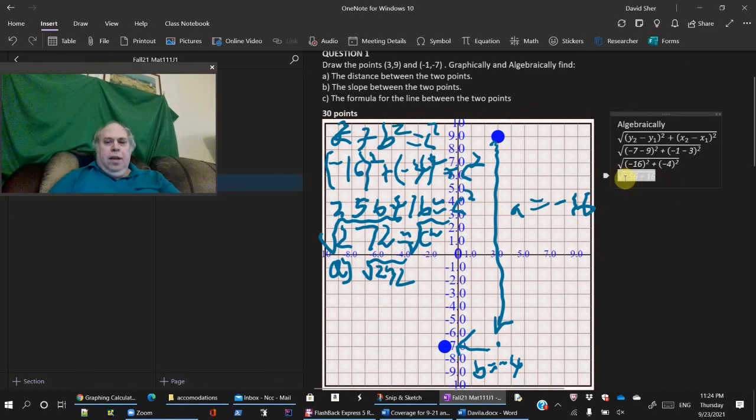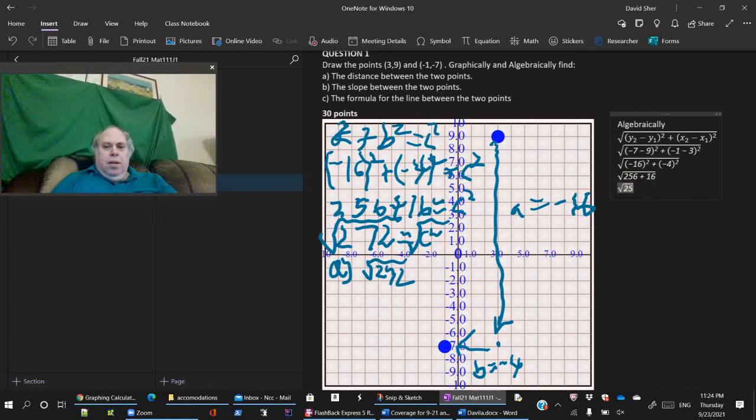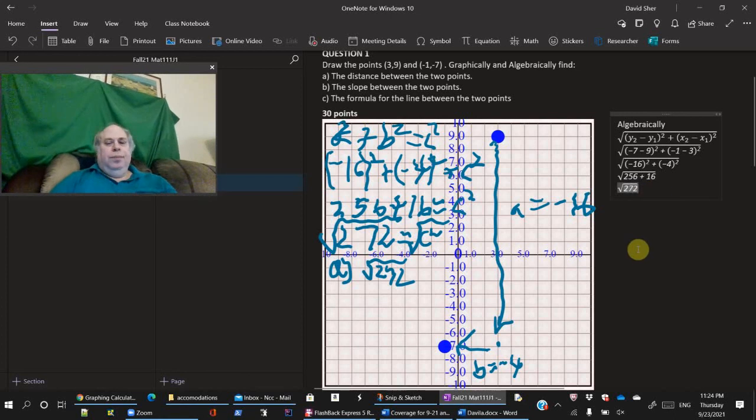And finally, we come to exactly the same answer, which is the way it really should end up, the square root of 272. And that is the answer to part A.